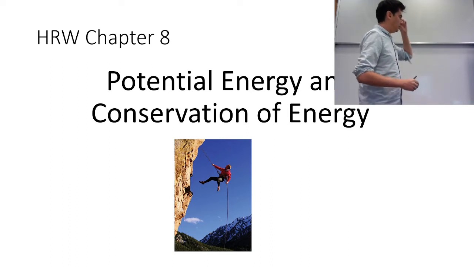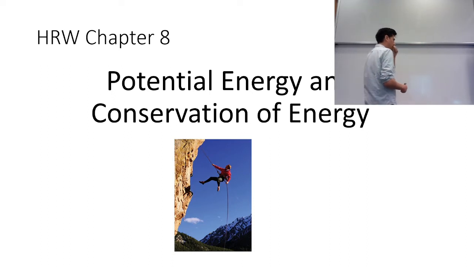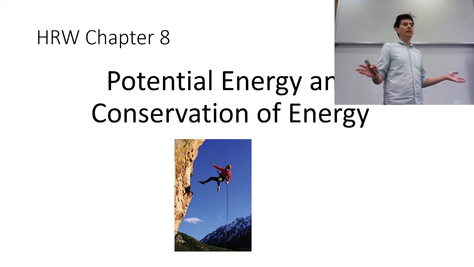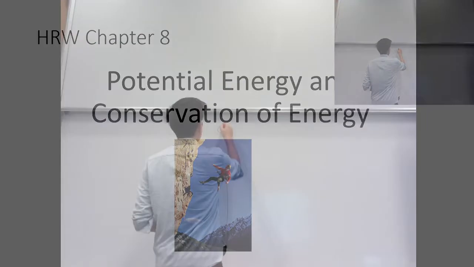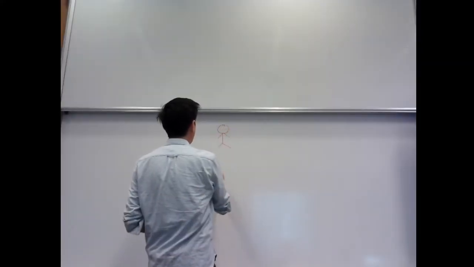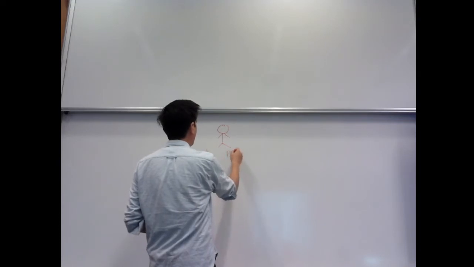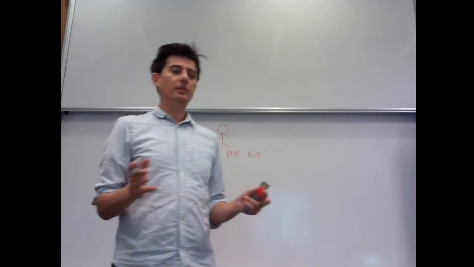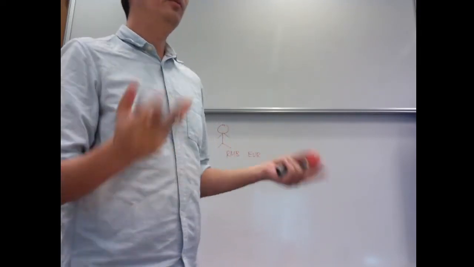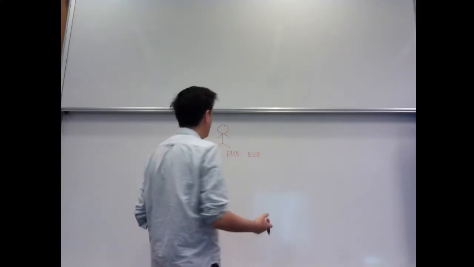This is how it was described before, but actually you can also have more than one type of energy. So this is the idea of potential energy. In the bank account analogy, one person might have dollars or RMB or maybe euros, so you might have different forms of currency.